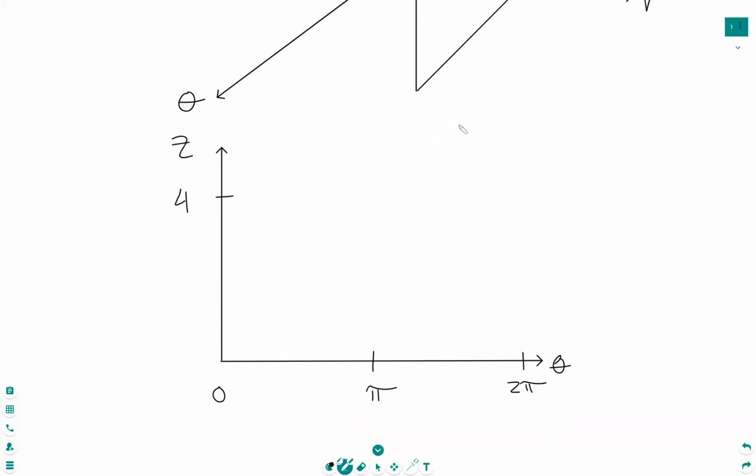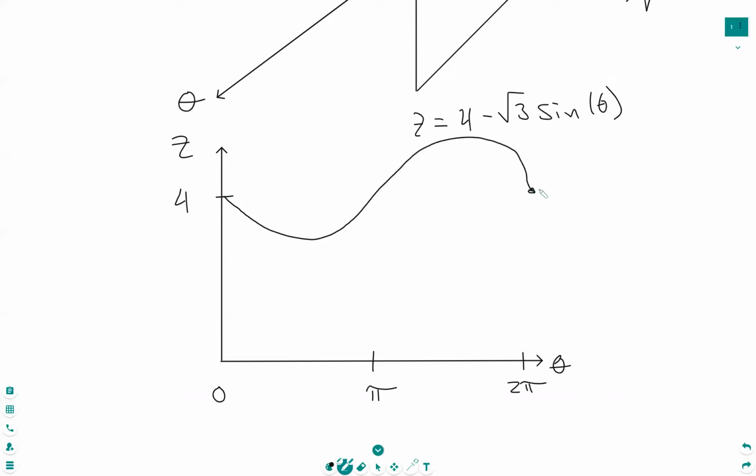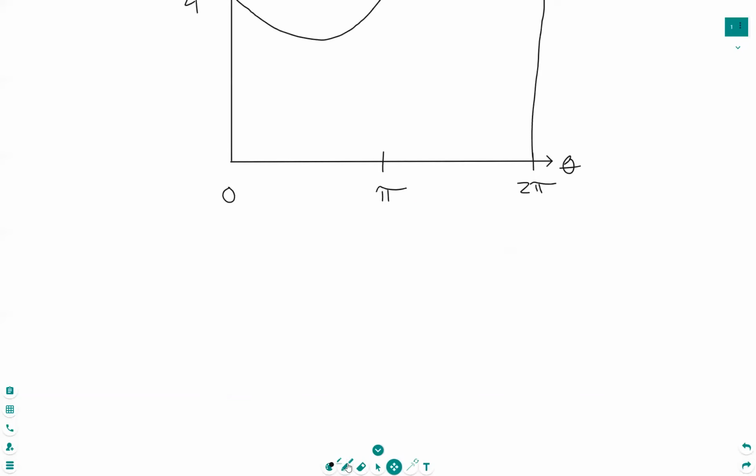And we have the equation z is equal to 4 minus root 3 sine theta. So it looks something like that. So that's what our projection looks like onto this theta z plane. Okay. If that's what the projection looks like, let's move on.